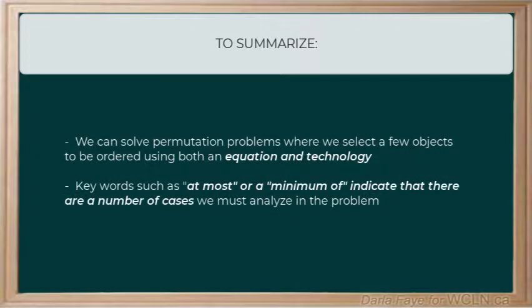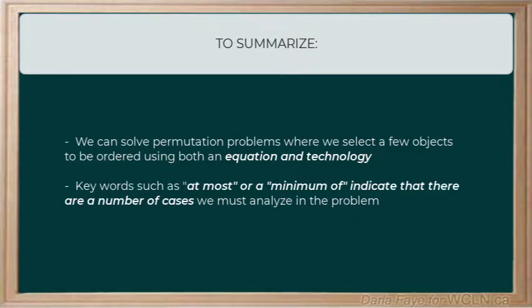Let's summarize what we've learned in this video. Our goal was to learn to calculate the number of permutations when ordering only a few of the distinguishable objects that were available to us. In the scenarios where the numbers were small and we had a simple case, we could make use of our permutation equation.